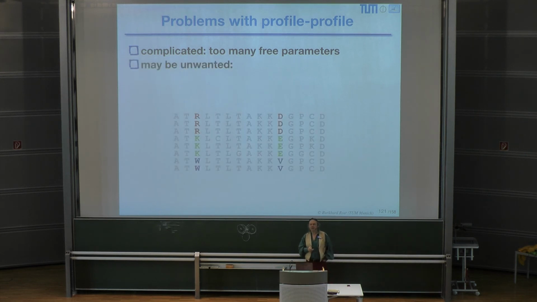And in fact, here's another issue. In some cases, we want to remember correlations. Maybe what you see here is you go in this row from a positive to a charged residue to not a charged residue, from a charged to a not charged. Maybe this is a piece of information that you want to keep.